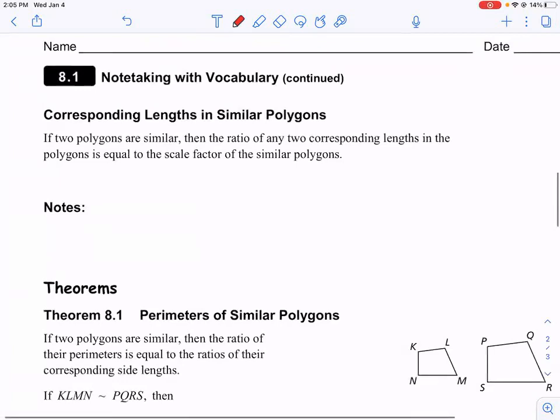Okay. How about you go ahead and turn to the next page? I am going to take those same two.